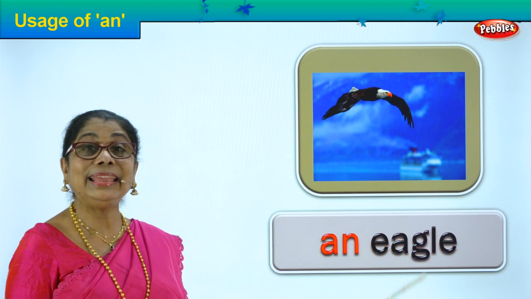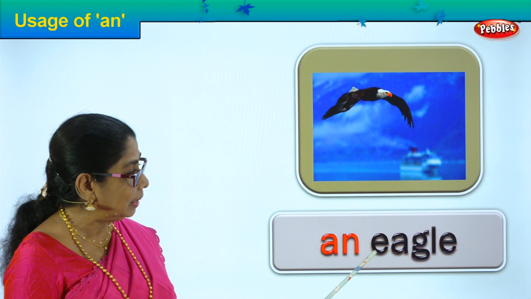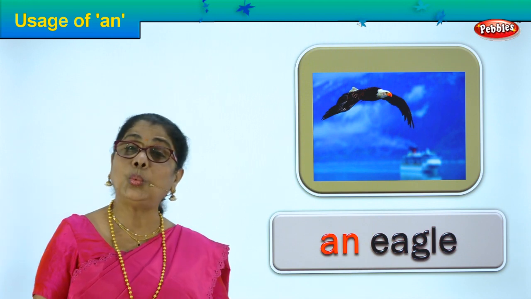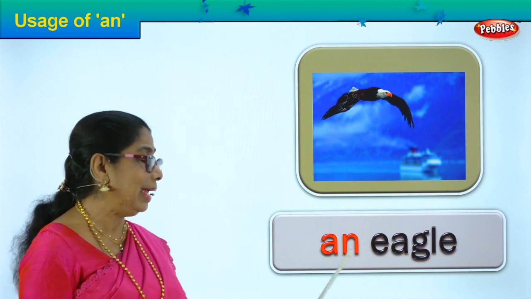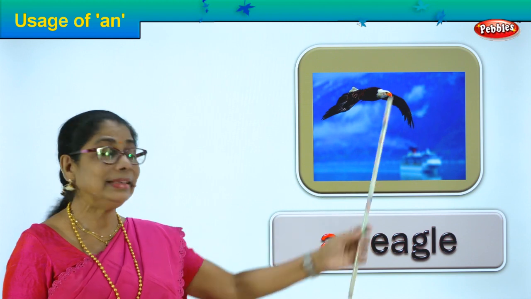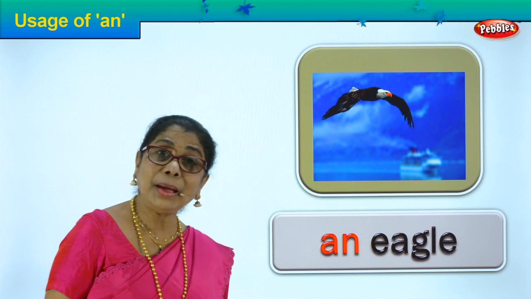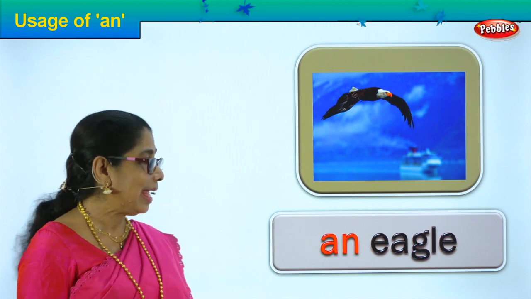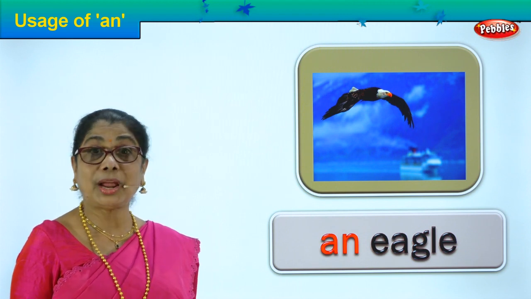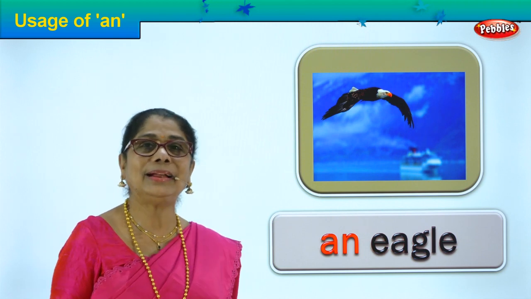The word eagle begins with E, which is a vowel. So in front of the word eagle, what do you use? An. Now read, an eagle. This is an eagle. An eagle flies high up in the sky. An eagle has sharp eyes and sharp beak too. Let's look at another picture.